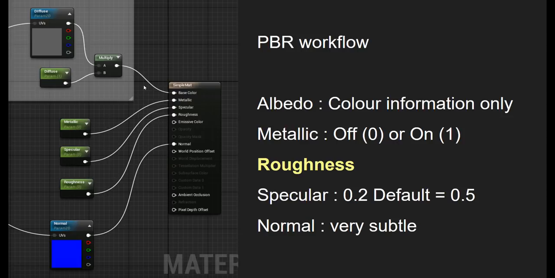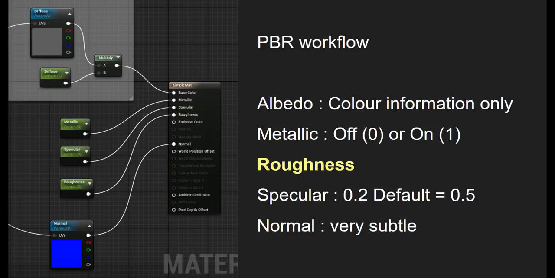And then, just quickly about these different nodes. We've got the albedo, which is the color information we've gone through already. Metallic tends to be an on-off switch, so 0 or 1. Obviously you can break that rule as much as you want, but it's good to know that it's either a metal or not, either behaves like a metallic material or not.